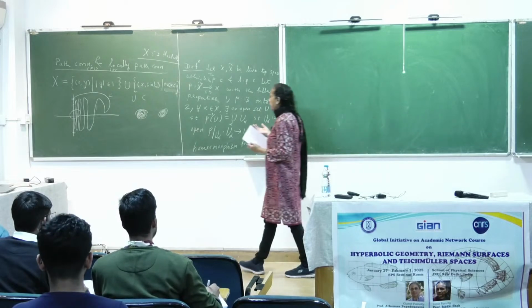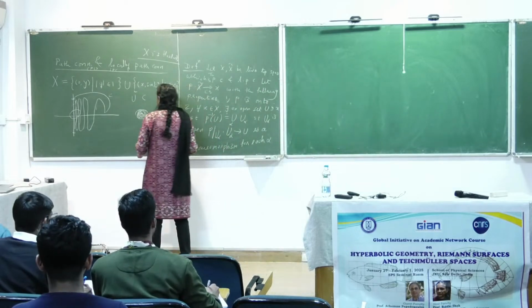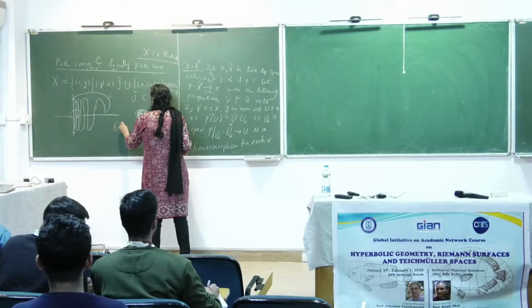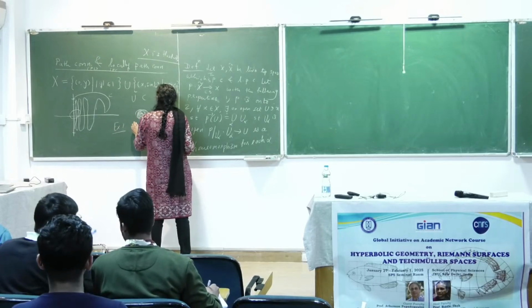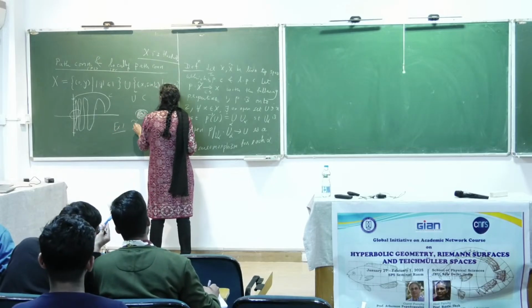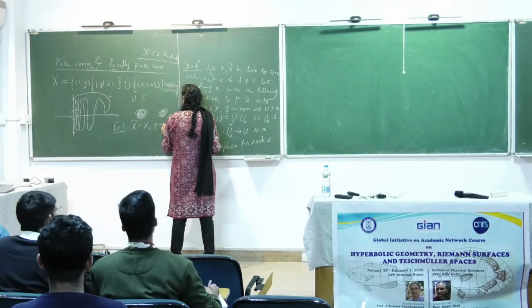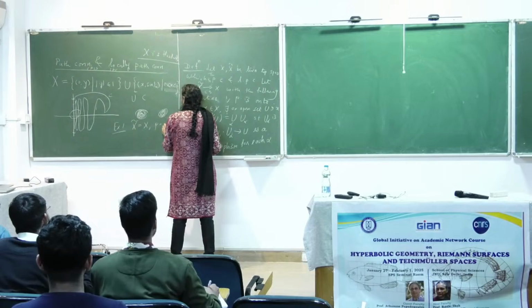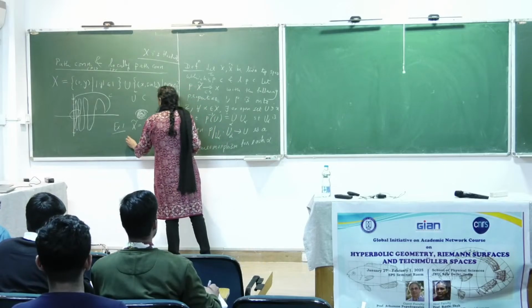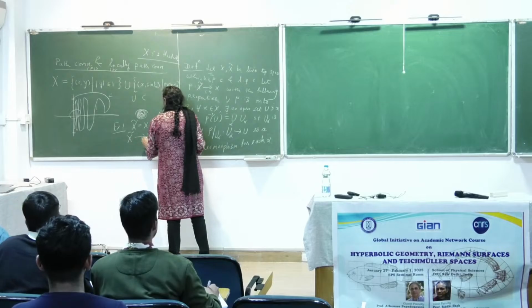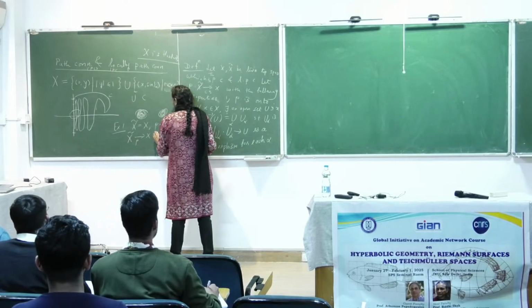Let's see an example. Example 1: you can take X tilde to be X and P to be the identity, or you can take X tilde to X any homeomorphism.